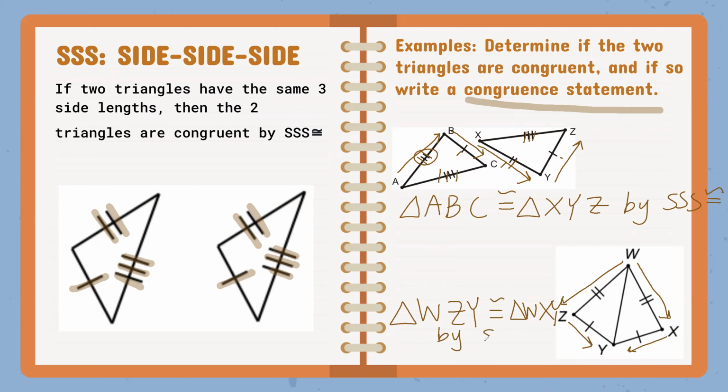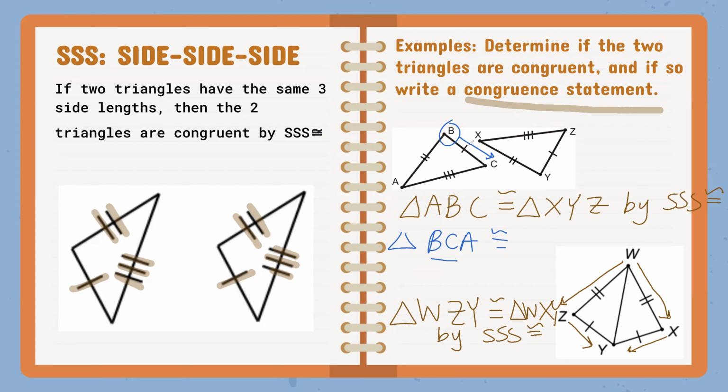And how do we know this? By side, side, side. By the way, there's no particular order you have to start with. So you could have said, maybe you went BCA. That's fine. But then you have to find the corresponding parts on the other triangle. If I start with B and I go to C, I went across the line with one tick mark in it.